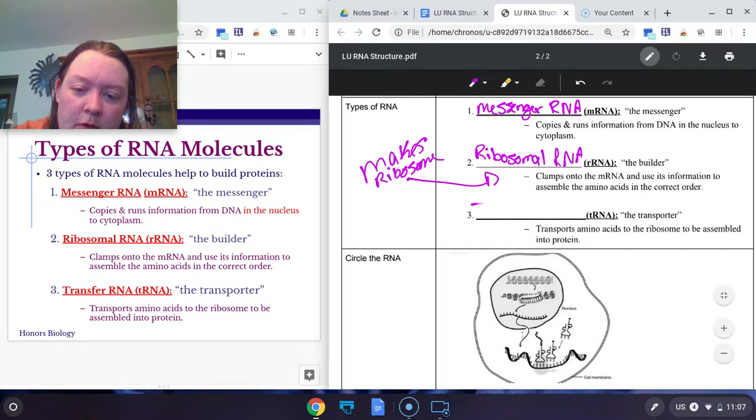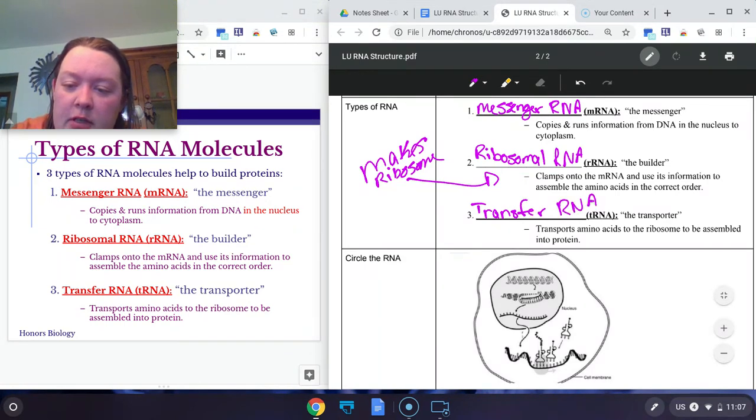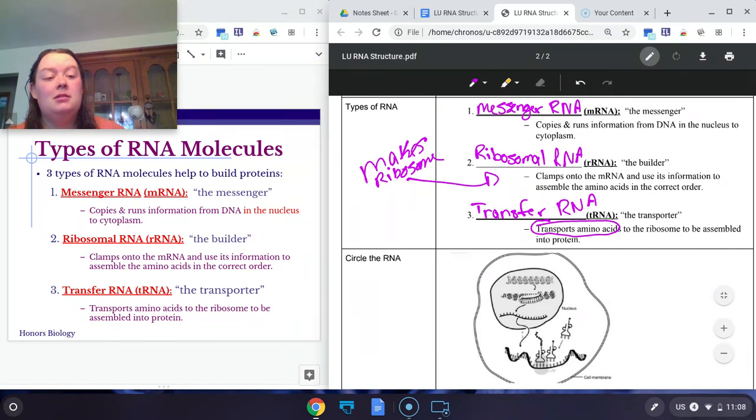And the last type of RNA that we're going to see is transfer RNA, and it's abbreviated tRNA. And it's called transfer RNA because it transports amino acids. So tRNA carries amino acids to help build the protein.